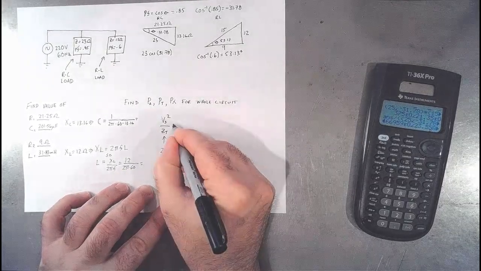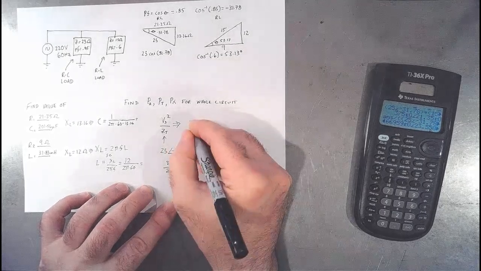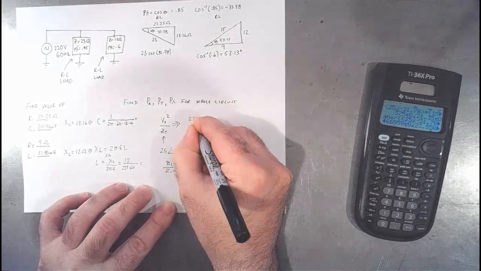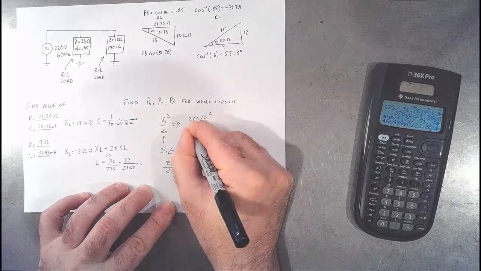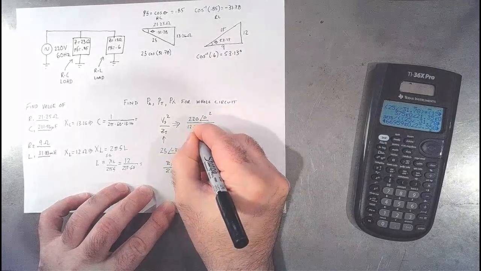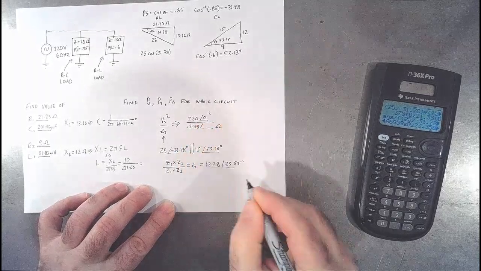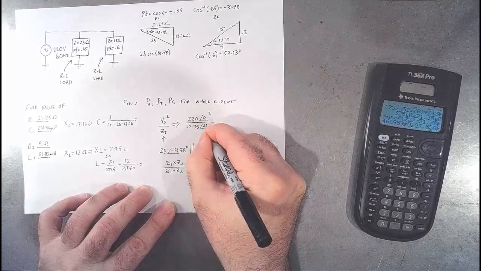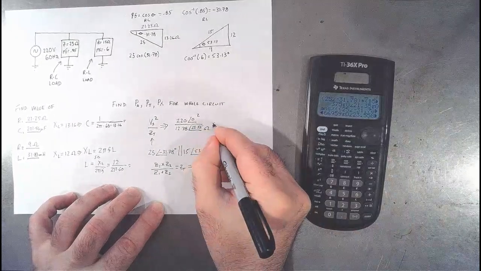Well, now we can figure out what the complex power is. It's going to be 220 volts at 0 degrees squared divided by 12.38 ohms at an angle of 23.55. All right.